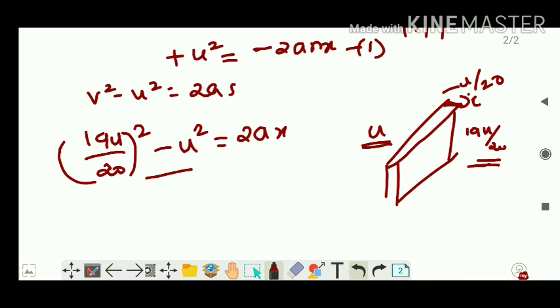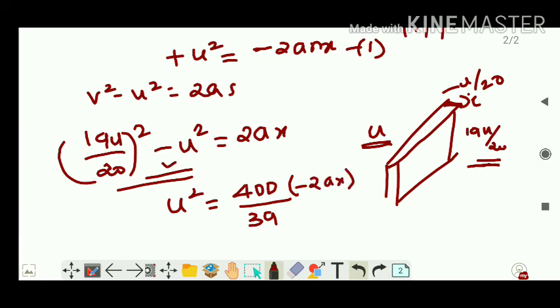Now this is something you can calculate. I'm straight away going to write the values, guys. You will get u squared is equal to 400 by 39 into minus 2ax, because there is a minus here. Clear? You will get the u squared value as this much. So you have the u squared value in two equations, 1 and 2.